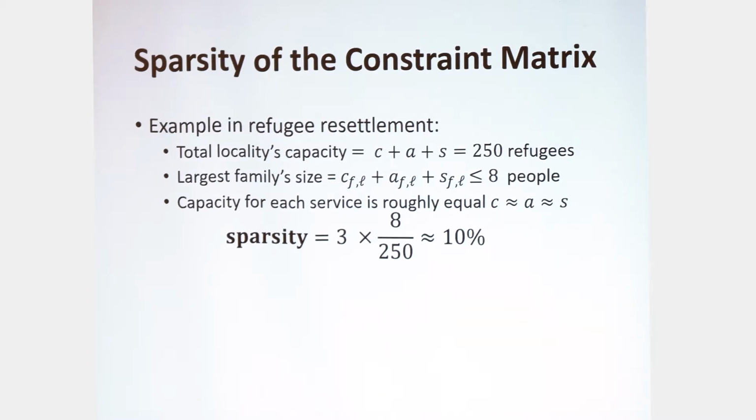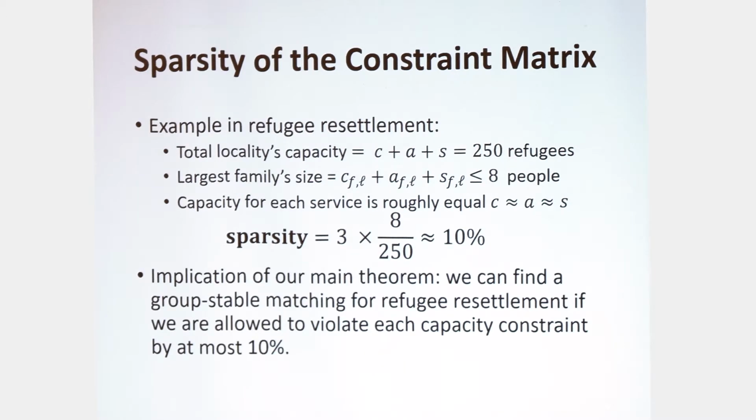So if the capacity for each service is roughly equal, then the sparsity is equal to 3 times 8 divided by 250, which is roughly 10%. Okay. So if we apply our theorem to this example, we can find a group stable matching for refugee resettlement if we are allowed to violate each capacity constraint by at most 10%.